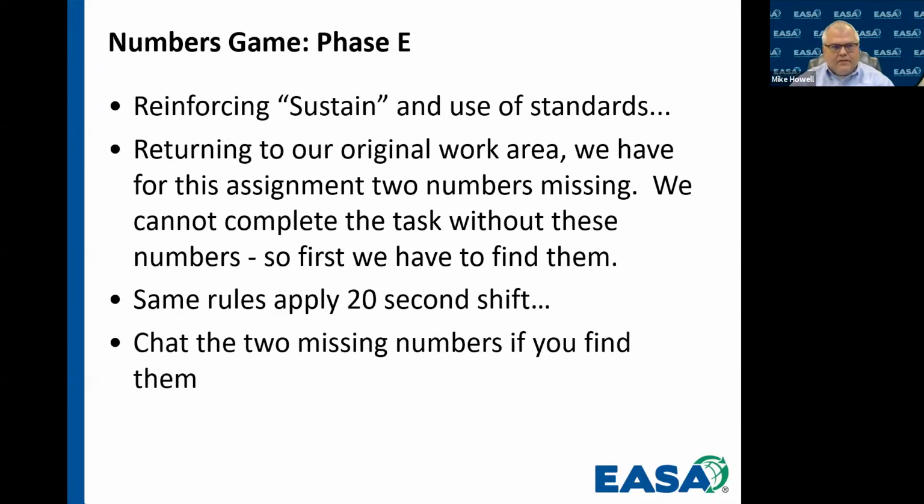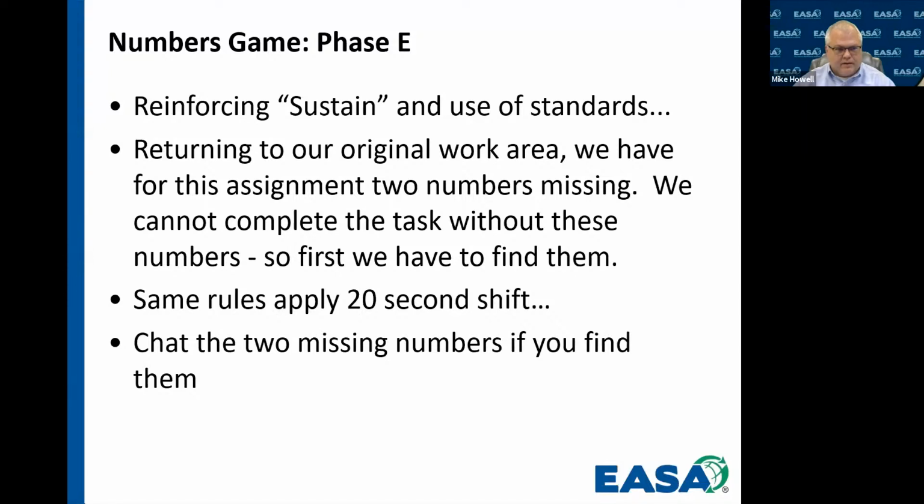So phase E of this is we're going to reinforce the sustaining portion. We can return back to our original work area, and in this instance we can pretend that these are parts or tools, but in any case we have a job that we need to get done. So let's say these are materials, and we know we're supposed to have some in stock. We need 2 parts in order to get this repair done.